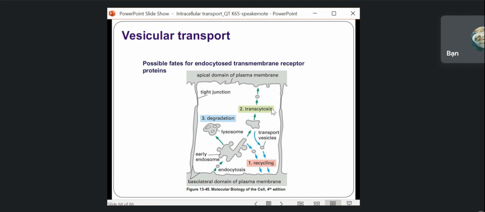The second fate is transcytosis. That means the localization of the transmembrane receptor protein will be changed after they do the endocytosis. For example, in this case, you can see the transmembrane receptor is on the basal domain and then transported to the apical domain of the plasma membrane.